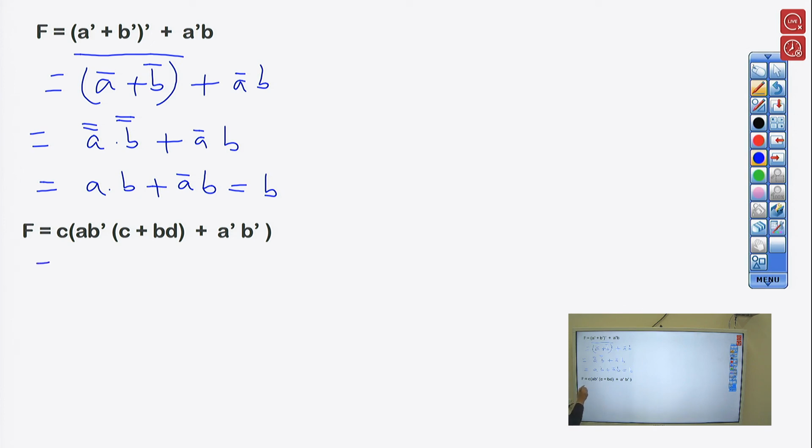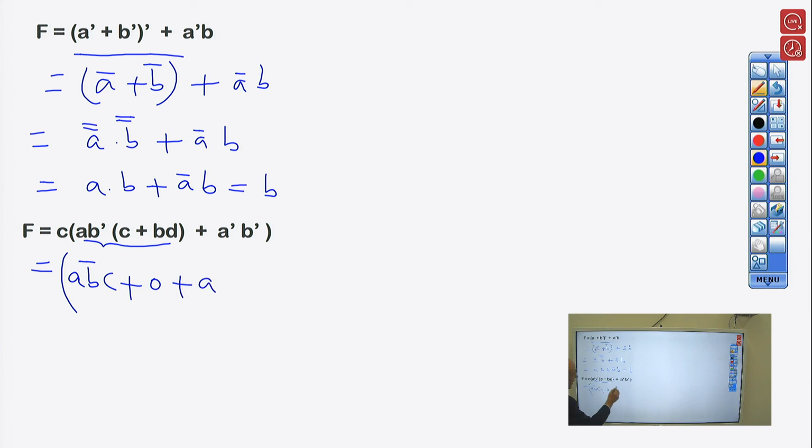For example, in this you have C ANDed with A not B, ANDed with C or BD, or with not A not B. We can first deal with the internal bracket, which equals A not B, C, or here not B and B, 0, 0.